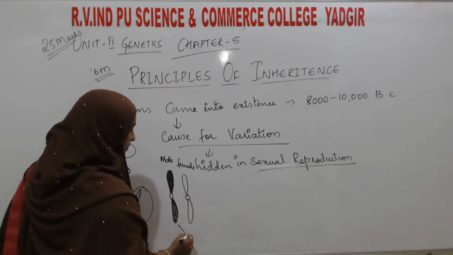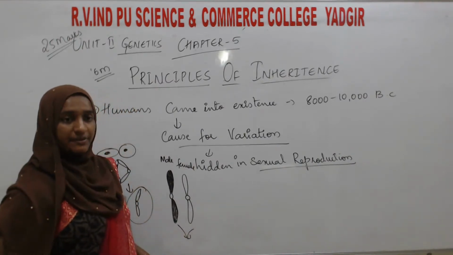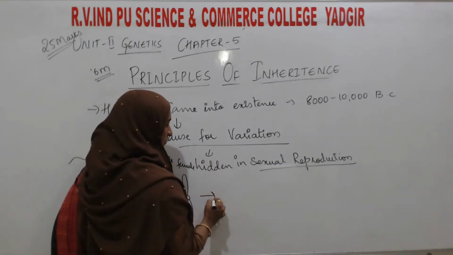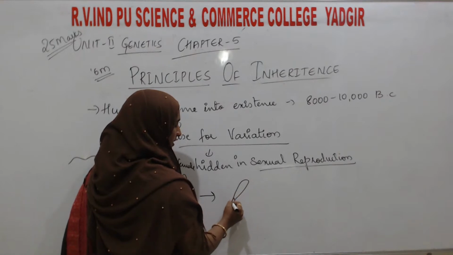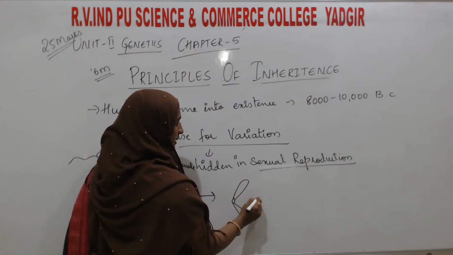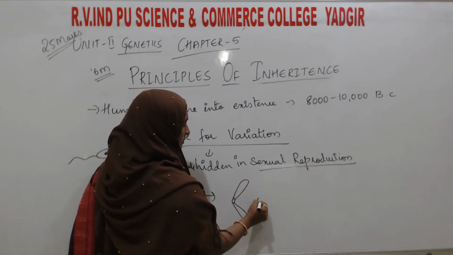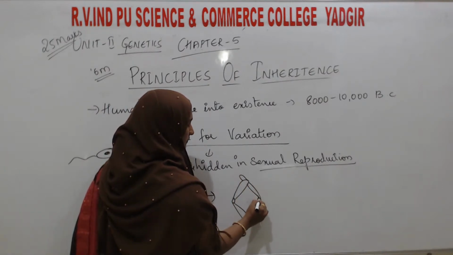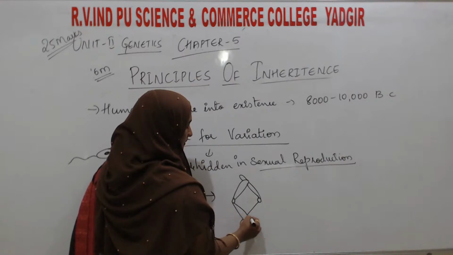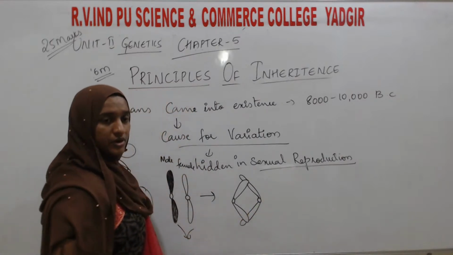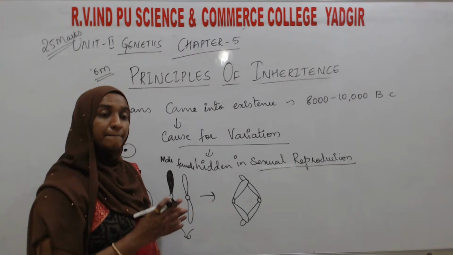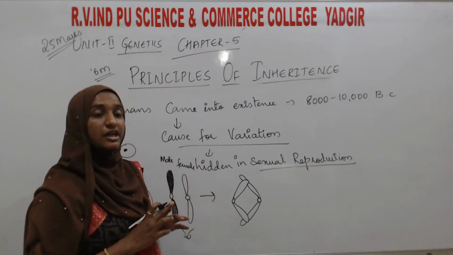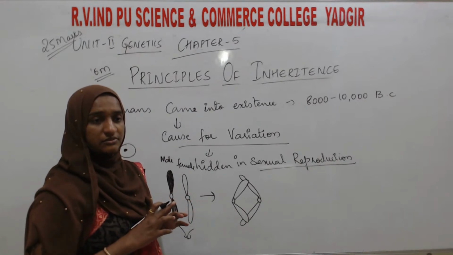When they get fused, the chromosome of the male gets paired with the female like this. They will get paired, and this process we can call recombination.